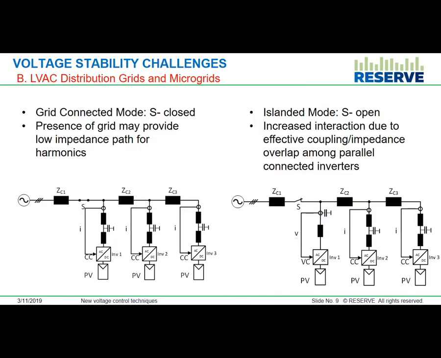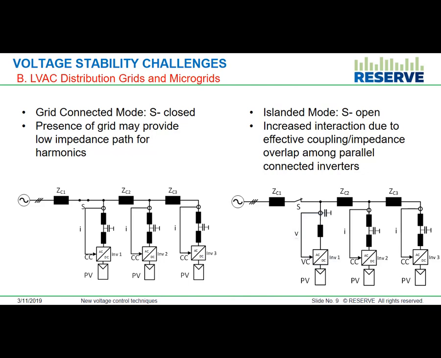And microgrids are also coming up a lot. And so here again we have two scenarios: one, you have a grid connection when the switch S over there is closed, or you could have an islanded operation where the switch is open, and then you have voltage control converters coming up, because the converters which have large renewable energy behind them need to be the frequency makers.